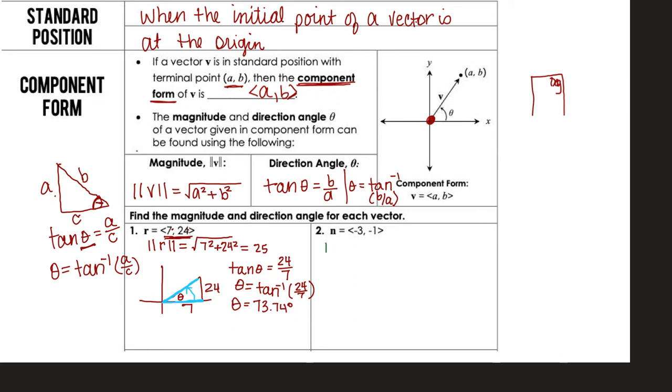So the magnitude of n is going to be the square root of 3 squared, which is 9, plus -1 squared, which is 1. So the square root of 10. So we found the magnitude. That's 3 point something.